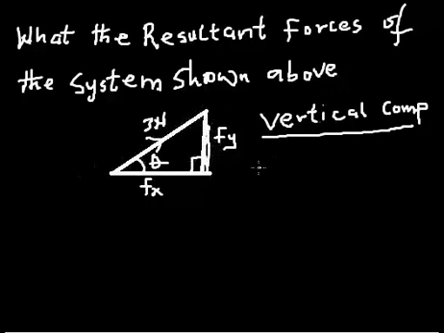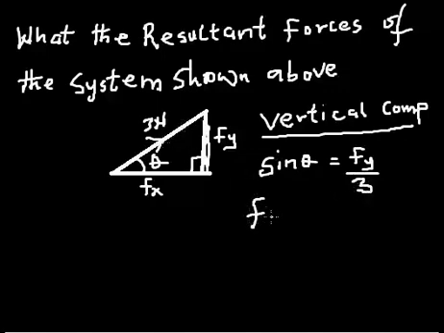You know the ratio that goes with that: sine theta, which is the vertical Fy divided by the 3, the hypotenuse. If I cross multiply, I now have that Fy is 3 sine theta. The same thing if I want to go for the horizontal component.